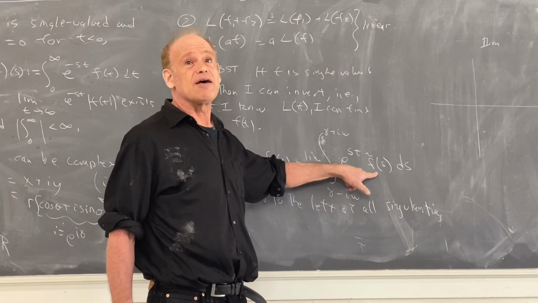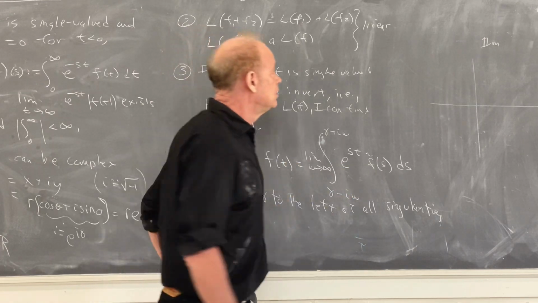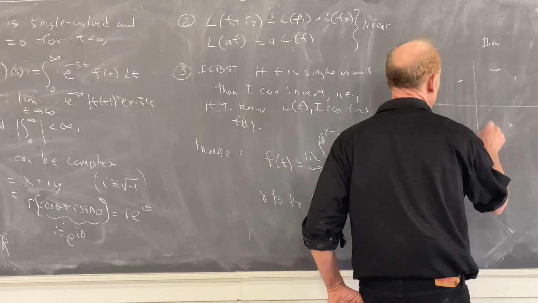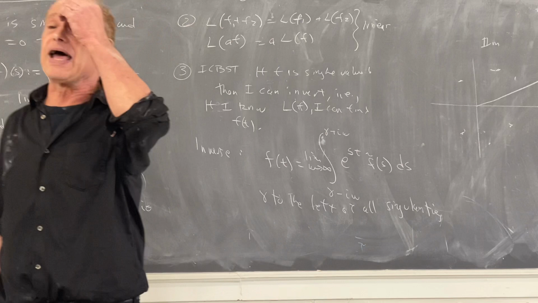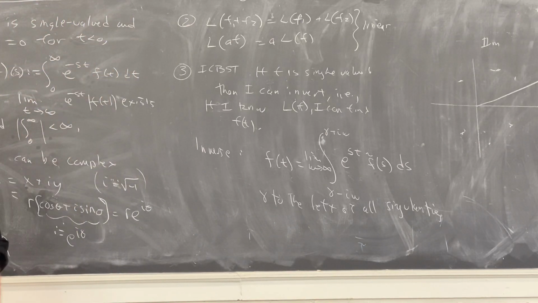But f can have certain points where f is infinite. So I look at all those points where f is infinite. And in fact, I can even have a line where f is infinite.